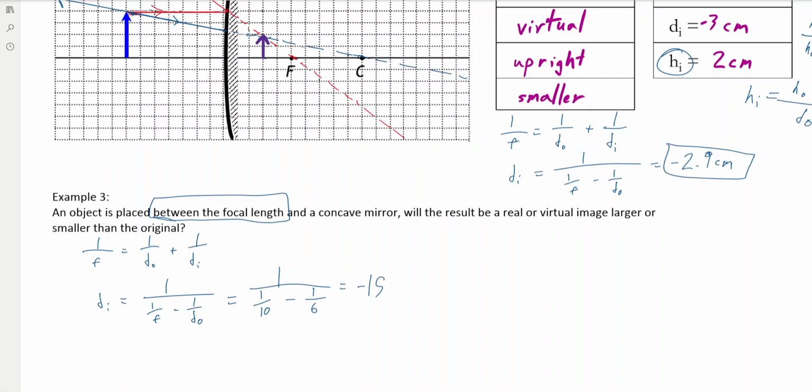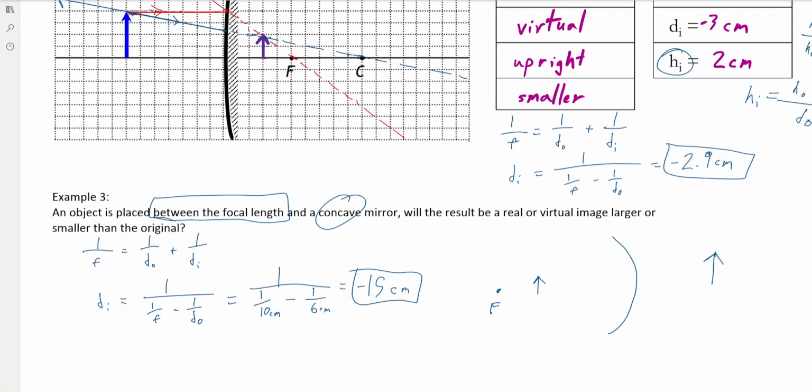So this means our distance to the object, assuming we just made some of these numbers up, right? The distance to the object is negative 15 centimeters, which means it's past the mirror. The focal point is inside the mirror because it's a concave. If you were to draw this, it'd be concave, it'd be an arrow there, focal point here, right? Something like that, right? Now, that means that our image is showing up back here because it's negative.